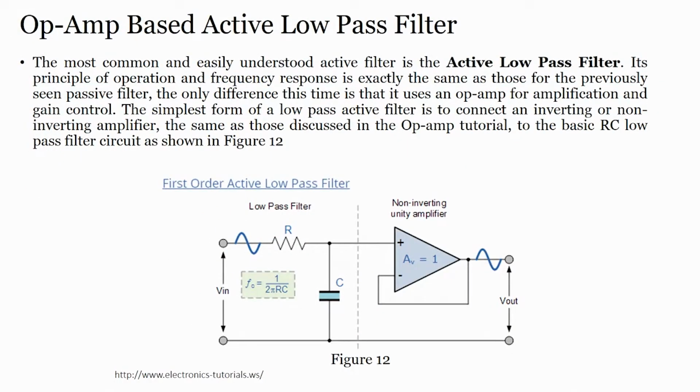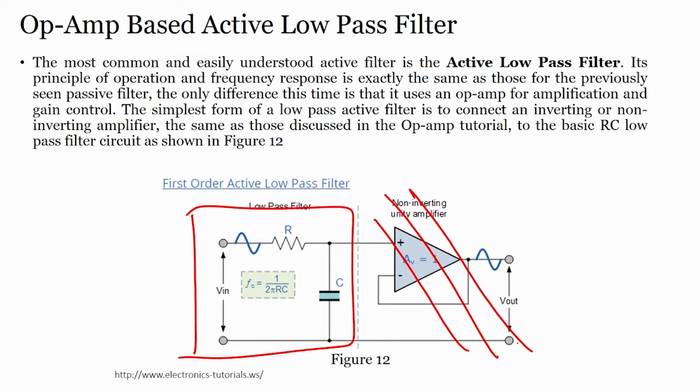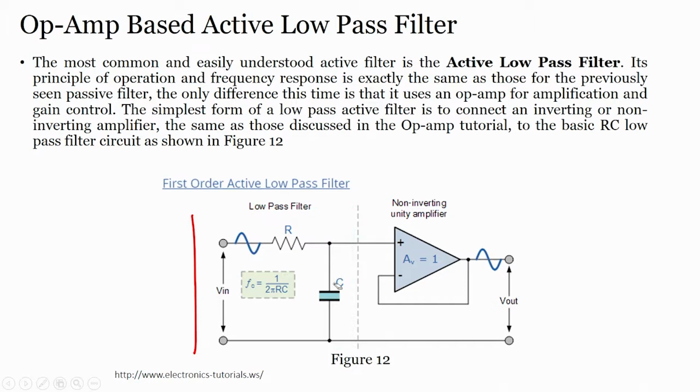So, now I talk about the op amp based active low pass filter. Earlier, what were we using? We were just using this particular section, right, we were not considering the op amp. This becomes your low pass and it becomes your passive. If I use an op amp along with the passive, right, it becomes my active filter, right. And what is this? This is nothing but your unity gain amplifier, favorite unity gain amplifier.